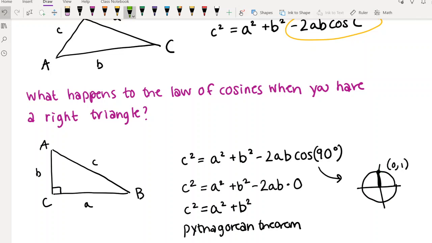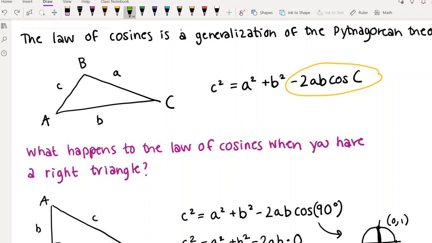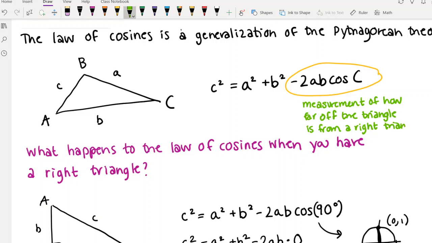And so that's why I said that this thing that I circled in yellow here is kind of like an error term. You can think of this as a measurement of how far off the triangle is from a right triangle, or in other words, how far off angle C is from being a right angle.